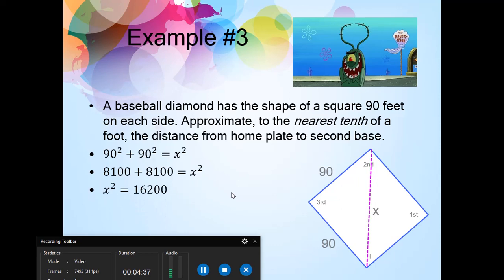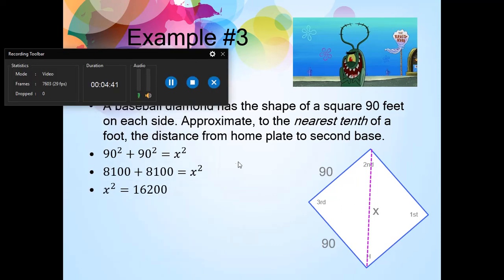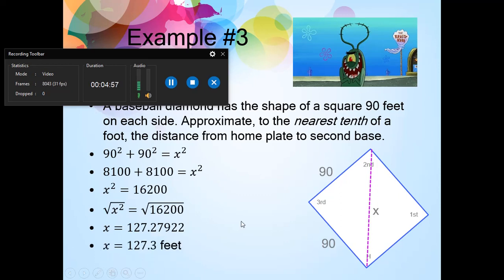And when I combine those, I have 16,200. We're going to square root both sides. There's what the calculator gave me. The directions say round to the nearest tenth. So the 7 tells me what to do, and they want me to round up to 0.3. So it's 127.3 feet from home to second base.